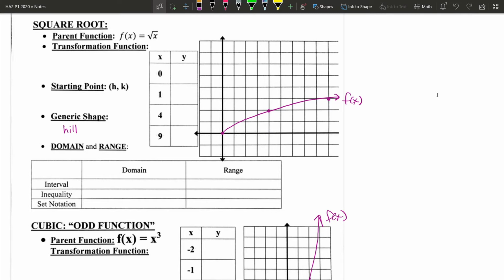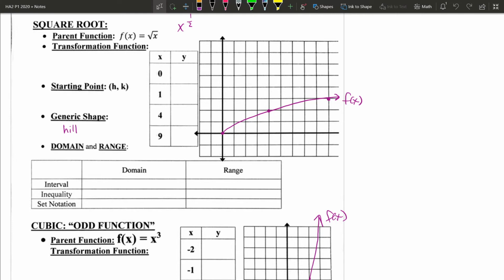So our parent function here will be the square root of x. If you remember from Algebra 1, and I'm not going to be a jerk about it, because you might have forgotten by now, you could also write this, by the way, as x to the 1/2 power. Okay? We can do rational exponents. I would not do that in this case, though, because it kind of messes up our transformation function. So here is what we do. This should look a lot like what you've seen before.